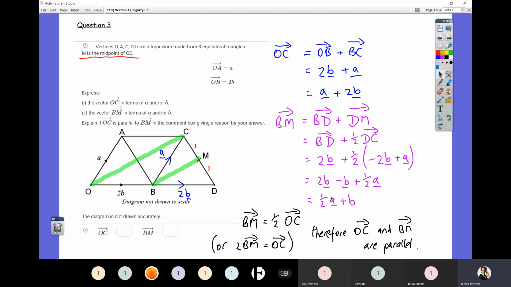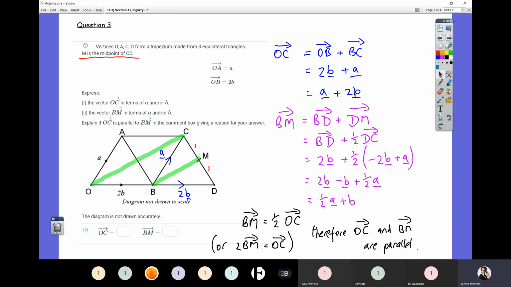Now, I can see that a plus 2b is double half of a plus b. So for the purposes of this comment that you get in the comment box, giving a reason, explain if it is parallel. Yes, it is parallel, and you can either say that BM is half of OC. Obviously, that is half of that.